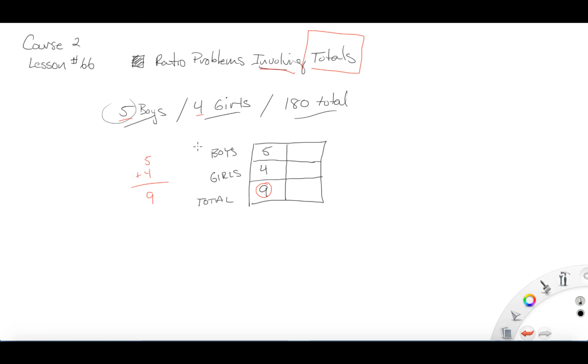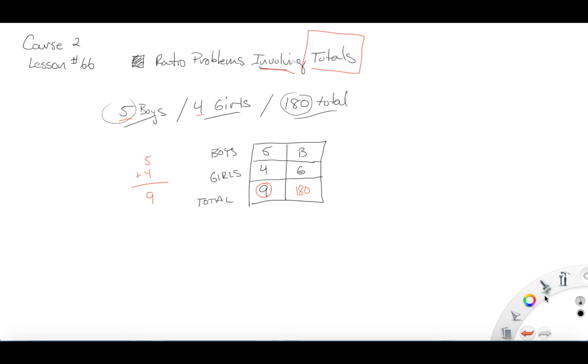Now, we don't know boys, so I'm going to put a B, and we don't know girls, but we do know one other piece of information. We know 180, and notice where I'm putting 180. I'm putting 180 over on the right hand side, and then I'm going to find out how many girls and how many boys there are.